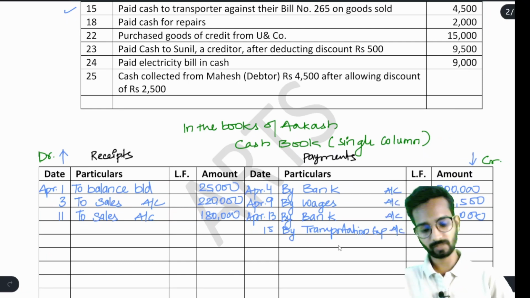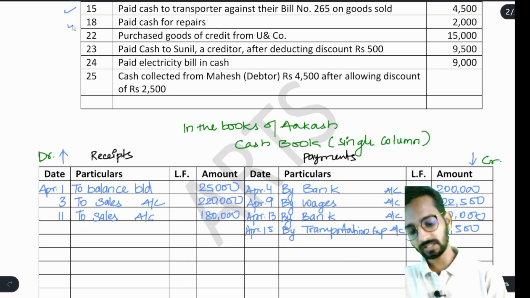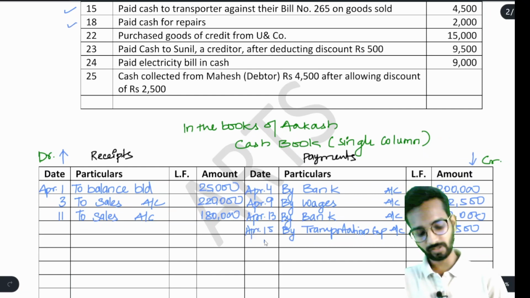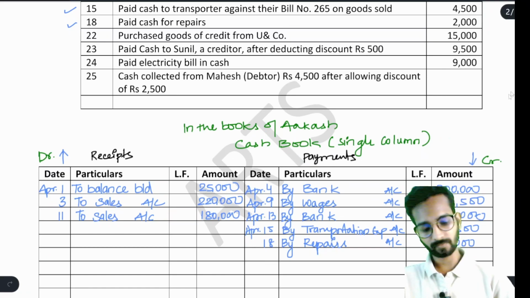By transportation expense account 4,500. Now moving to the next question, we have paid cash for repairs. Again the same thing on 18th by repairs account $2,000.